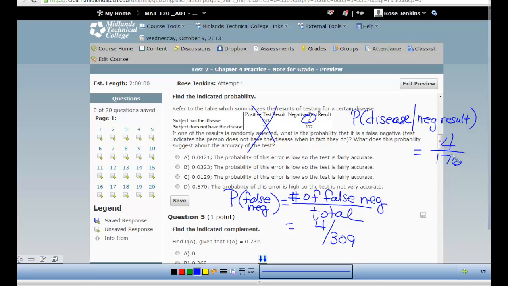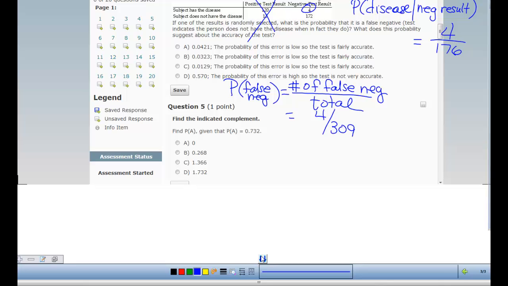Okay. All right. Number 5 is one about the complement. It says find probability of A given that probability of A equals 0.732. It looks like a typo. Ideally, I mean, the answer would be 0.732. But what if it was probability of A complement? How do we find that?